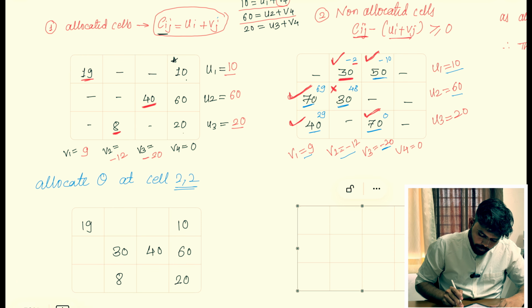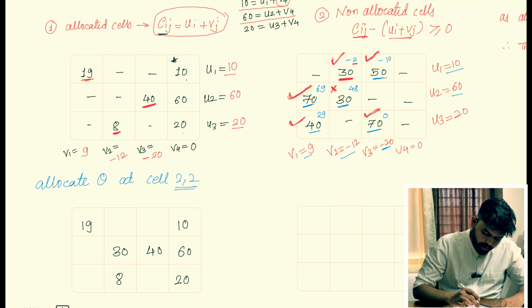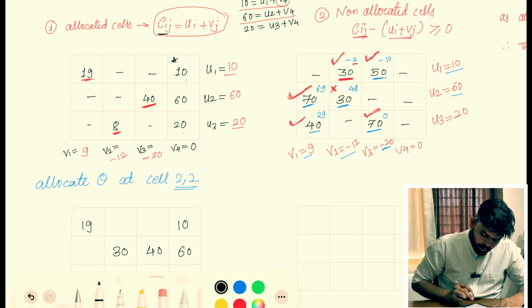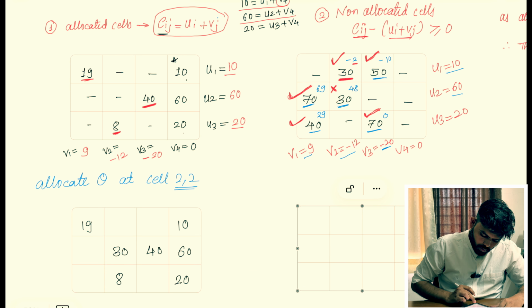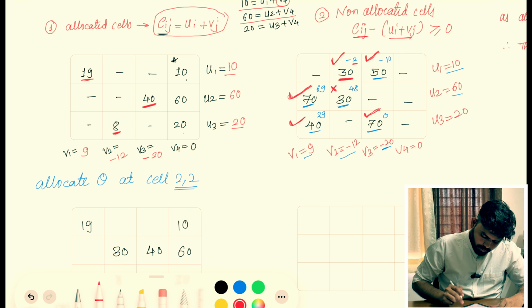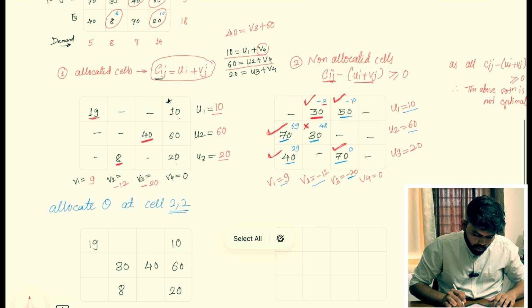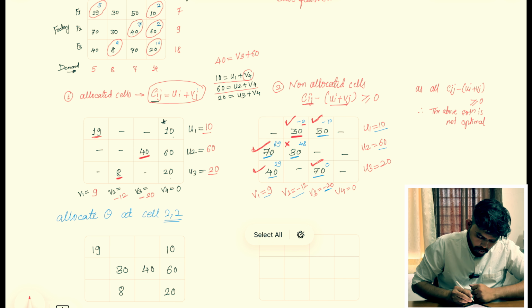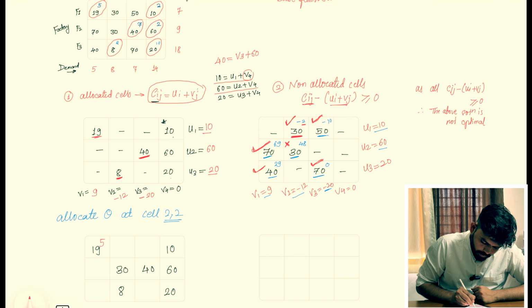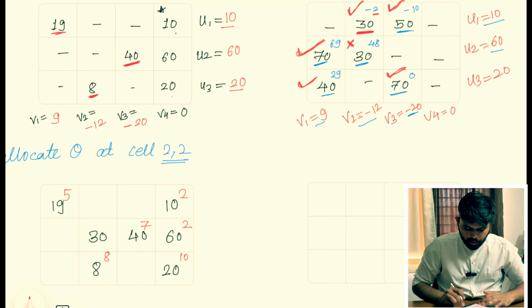Now the allocations, let us check the first table. In the first table we can note down the allocations. To 19, 5 was allocated, to 10, 2 was allocated, to 40, 7 was allocated, to 60, 2 was allocated, to 8, 8 was allocated, and to 20, 10 was allocated.